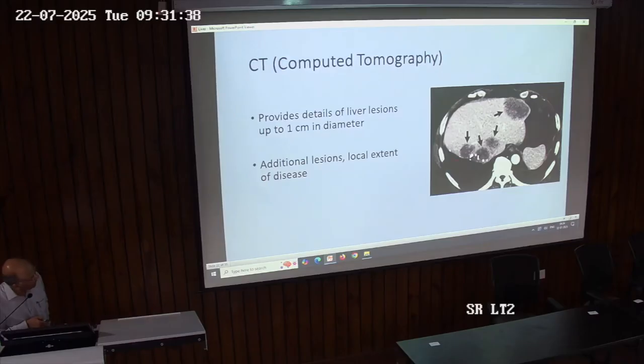You see these hypo-intense shadows here. So these are metastatic deposits in the liver. Much better imaged than the ultrasound. A few slides back you saw the image of a cystic lesion. Compare that with this and you will find that this picture is much better. That is why CT is a better modality.